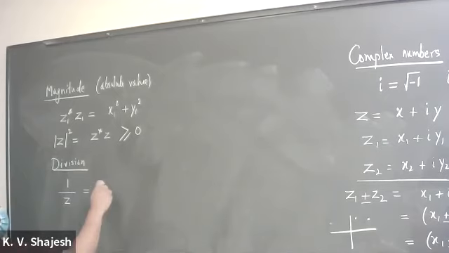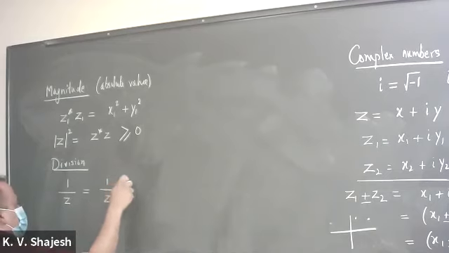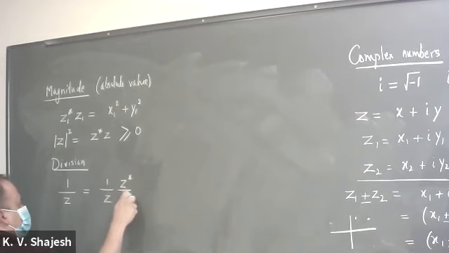Let's pretend we are doing normal numbers. So you would say this is the same as 1 over z, but normal numbers satisfy: I can multiply a z star here and a z star here. If I multiply on the numerator and denominator, that should be the same. But in the denominator, the multiplication has a meaning, right? z times z star.